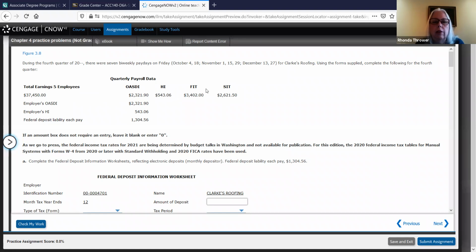They've given you HI taxes that were withheld, and the federal income tax as well as the state income tax. All of these earnings are on $37,450. They've also given you the employer's share of OASDI taxes as well as the employer's share of HI taxes. They've also given you the federal tax liability for each pay period.